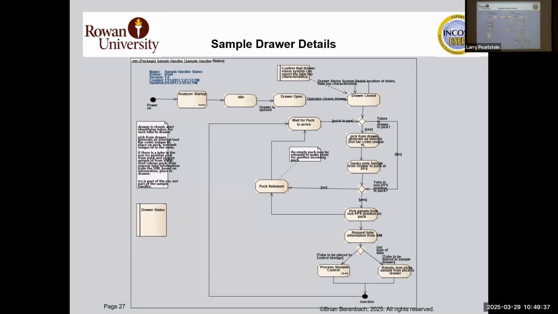And here's the sample drawer details. So you can see what's happening just in the sample drawer. These things are intelligent, right? And one question is, would you keep the sample drawer, would you give it some intelligence to do this work? Would you keep everything in one place and then just have an event kick it off in parallel in one location?